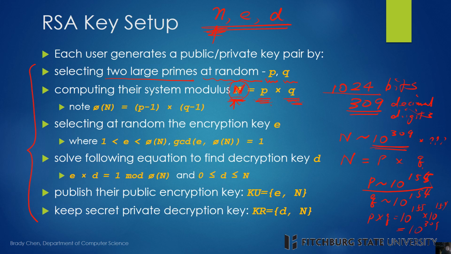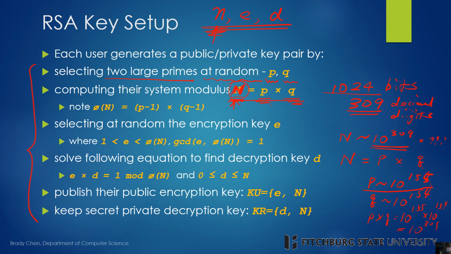Even though these are two huge numbers, multiplication is not that easy, but it's doable. So once you have P and Q, we can multiply these two numbers and we get n. That operation is relatively easy. I'm not saying it's very easy, but relatively easy.